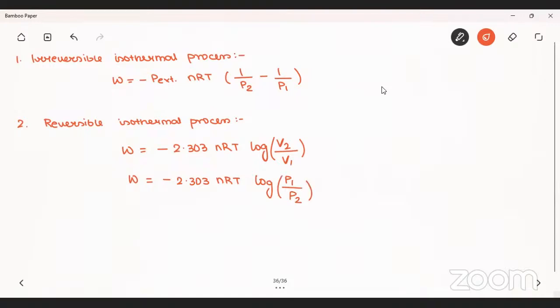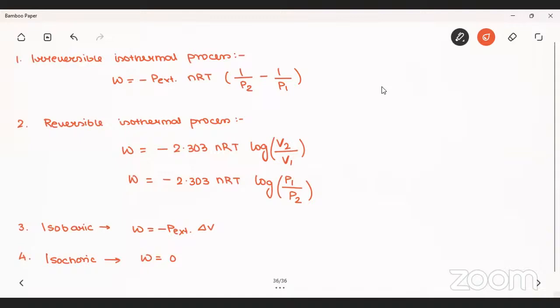Then for the isobaric process, the formula was W is equal to minus P external delta V. Then comes the isochoric process. For the isochoric process, work done is equal to 0.